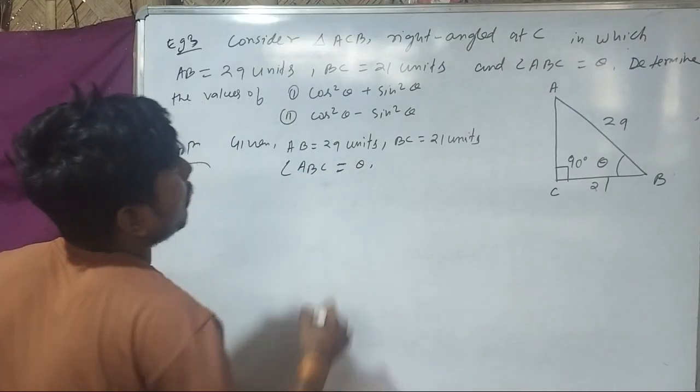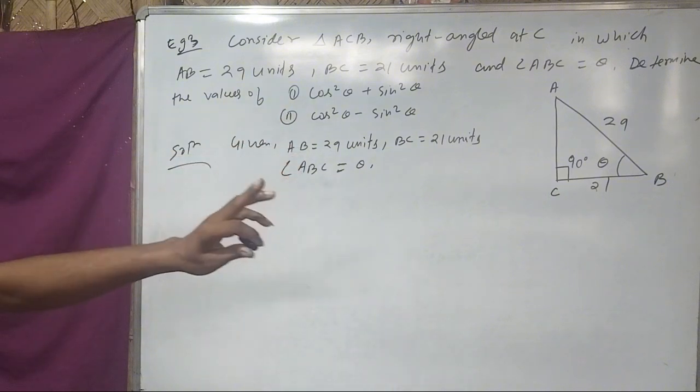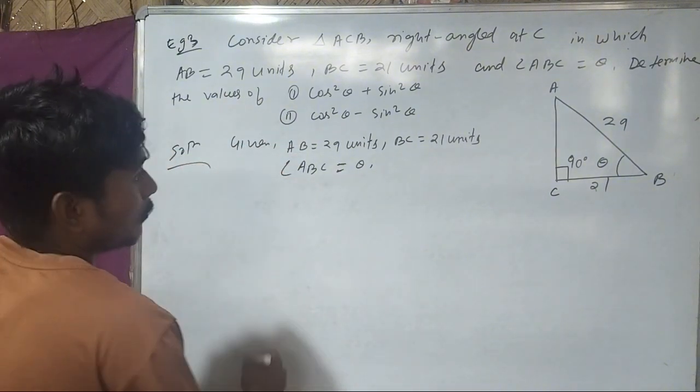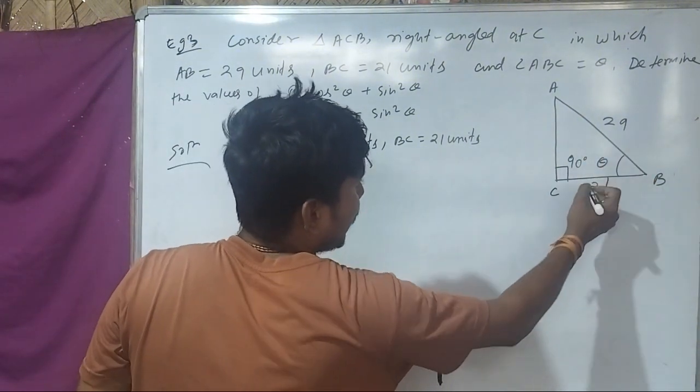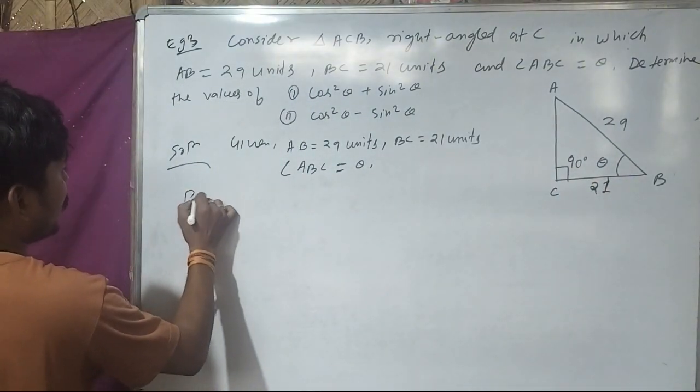We have to find cos square theta plus sin square theta, and cos square theta minus sin square theta. If we have any two sides, then we can find the other side with the help of Pythagoras theorem.